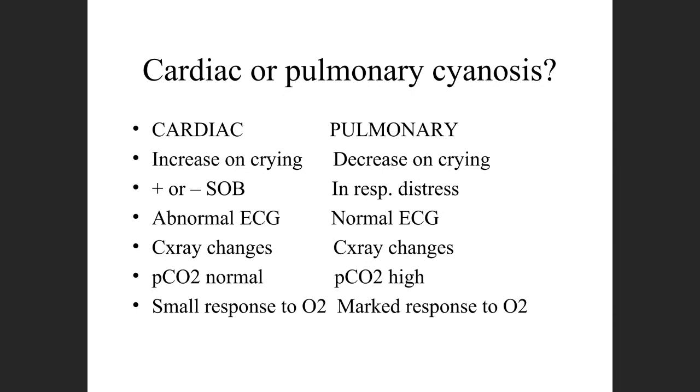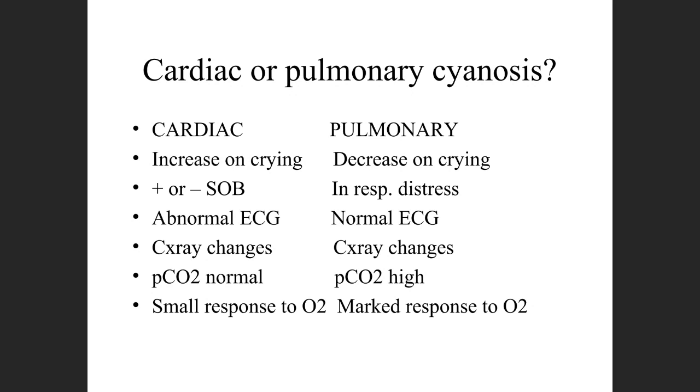There may or may not be shortness of breath, and quite often with a cardiac cause for cyanosis, there will be a normal ECG, and the chest X-ray will show changes.